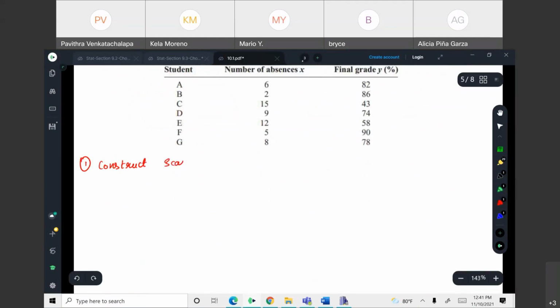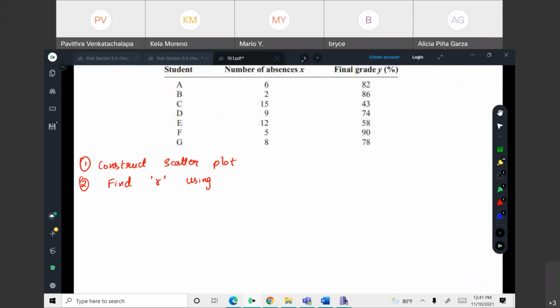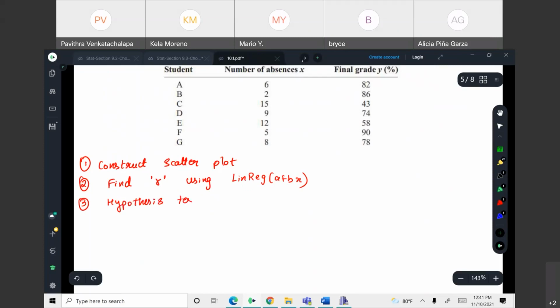Next, find R using your calculator: LinReg a plus bX, diagnostic on, and you will get R. In the same way, do hypothesis testing, and finally conclude about the relationship, whether you have a relationship or not.